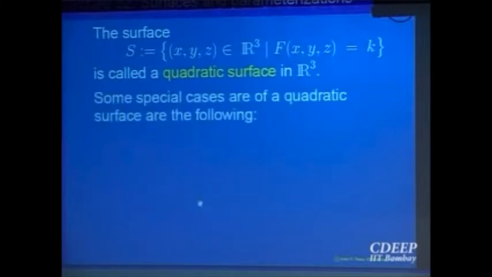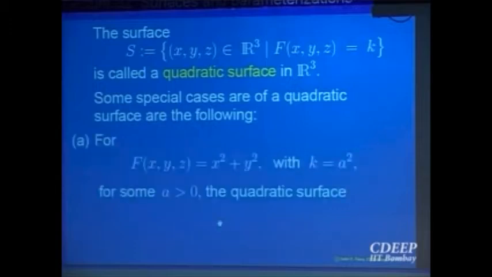Let us look at some special cases of the quadratic surfaces. f(x, y, z) is equal to just x square plus y square, and all the remaining coefficients, of z square, xy, yz, are 0. So we are only left with x square plus y square equal to a square. So you have x, y, z such that x square plus y square equal to a square.